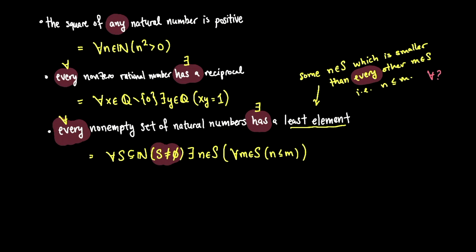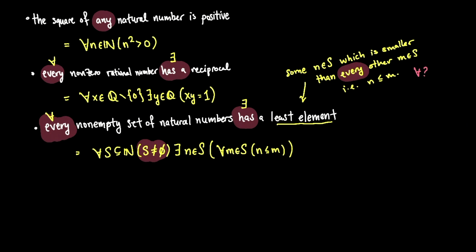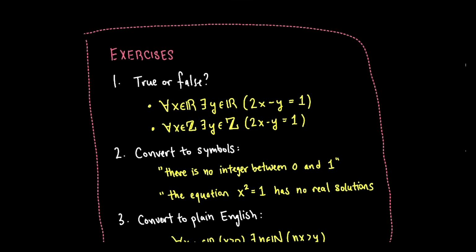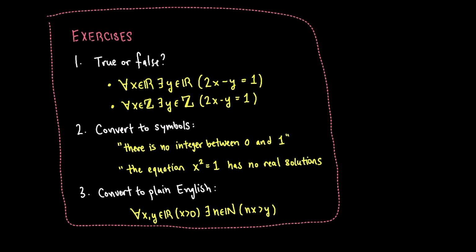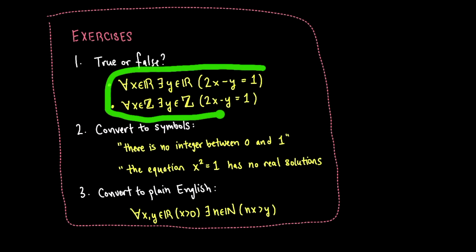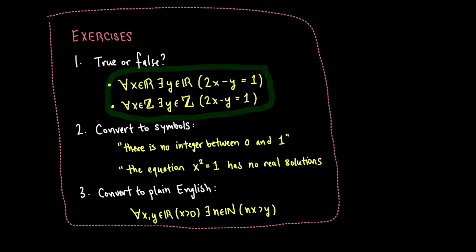Okay, so that's how to write a plain English sentence using logical symbols. And I have a couple more exercises for you over here, just to check if you're understanding what I'm saying. So here's a couple sentences written with logical symbols with quantifiers, and I want you to figure out if those are true or false. And you can put your answer in the comment down below.